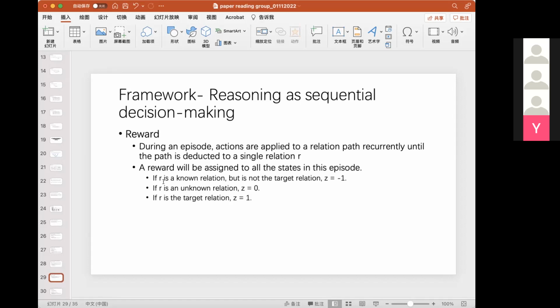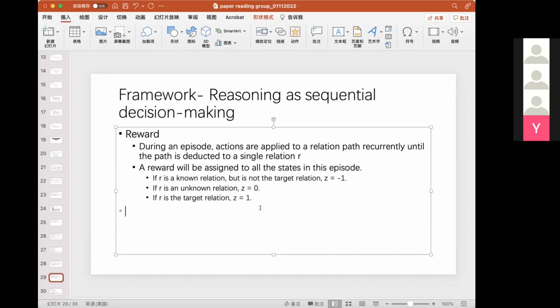If the single relation R is a known relation but it is not the target relation, then the reward will be -1. If R is an unknown relation, then the reward will be 0. If R is the target relation, then the reward will be 1.